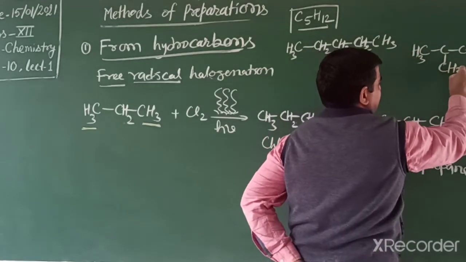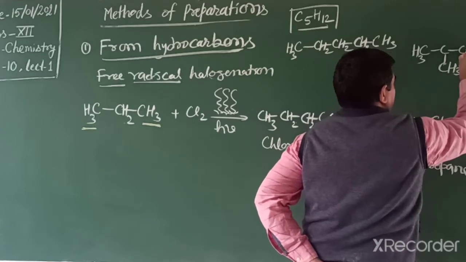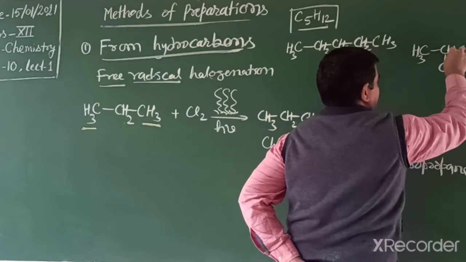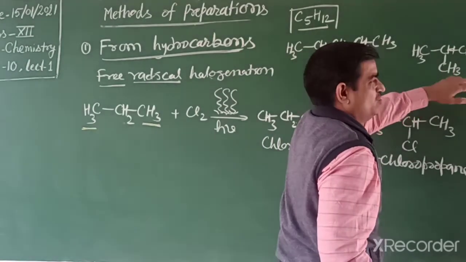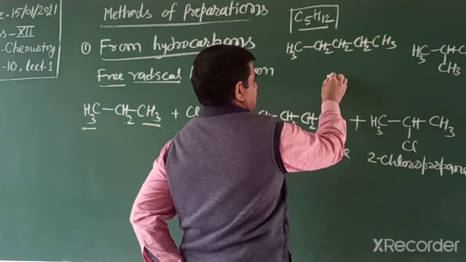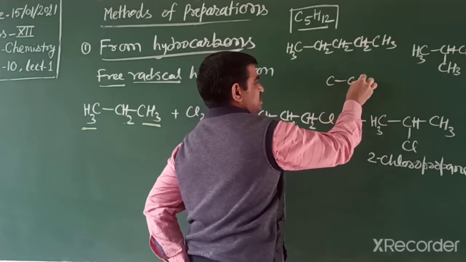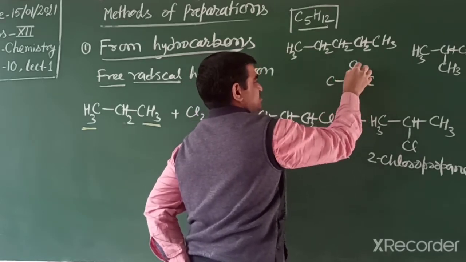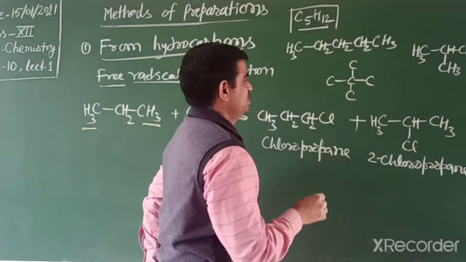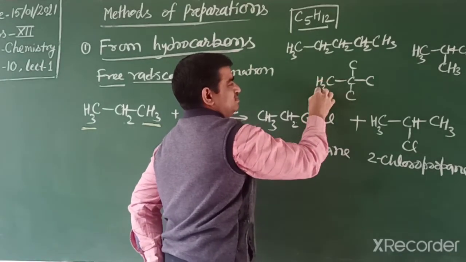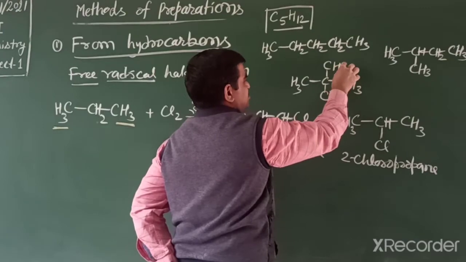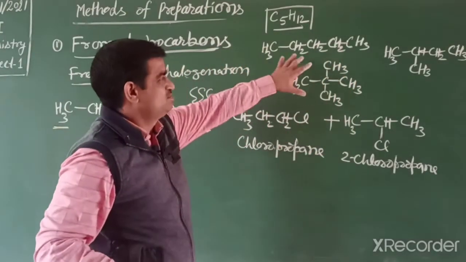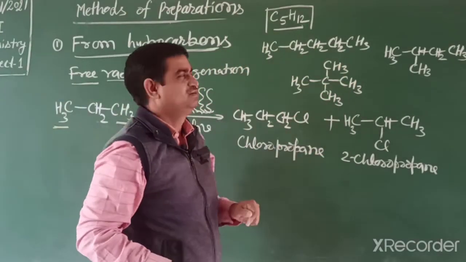Written this way, it is isopentane or 2-methylbutane. And another one, if you write like this, is neopentane, the common name. So for C5H12, we get 3 isomers.